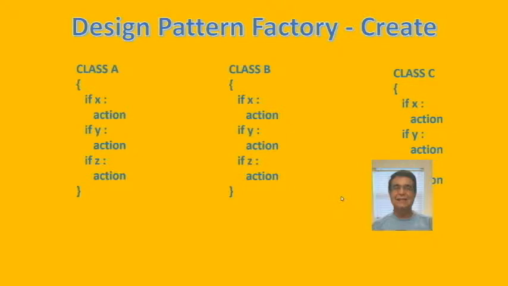Here is one example that, unfortunately, we can see in some real scenarios. We have class A that has a logic inside of it: if X, take an action; if Y, take an action; if Z, take an action. But guess what? Class B also needs that logic, so we have the same if X, Y, Z actions. And there is also a class C that has the same logic.